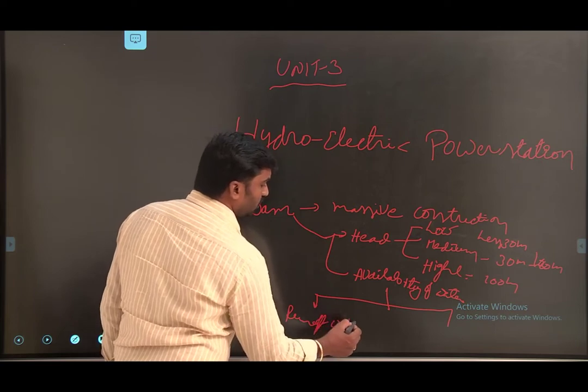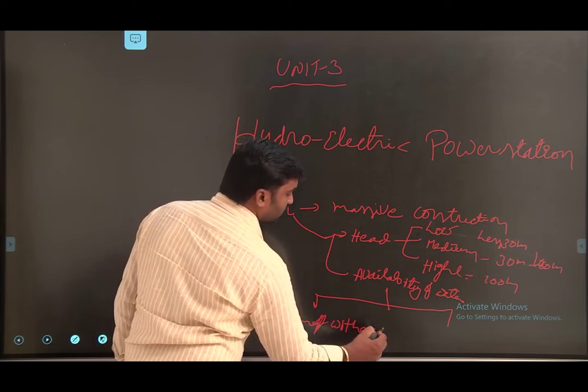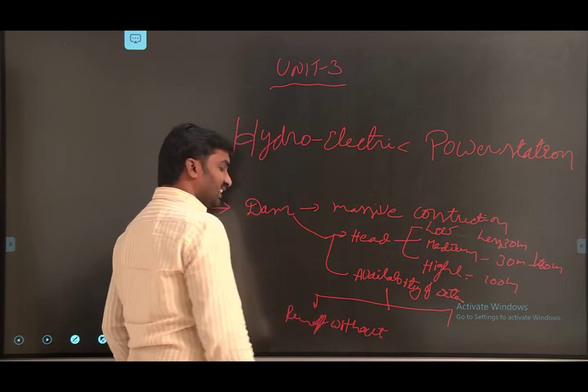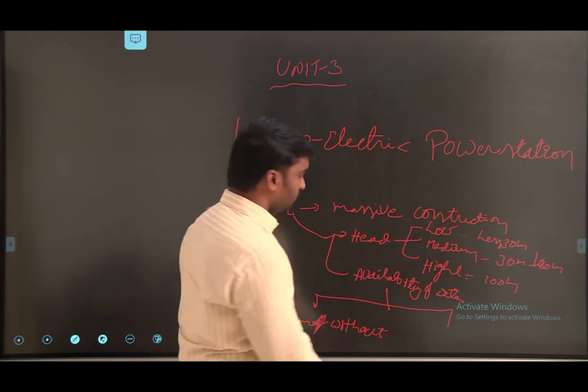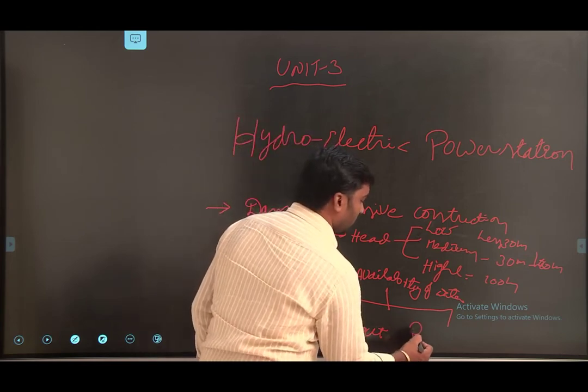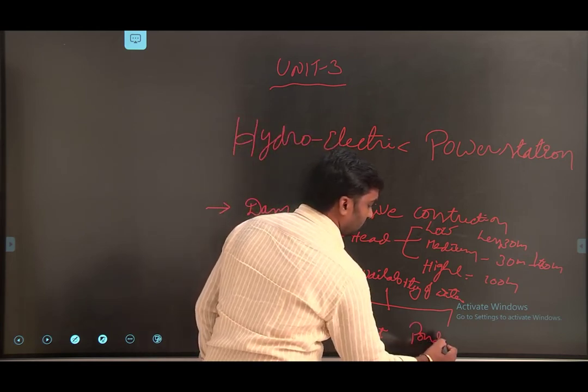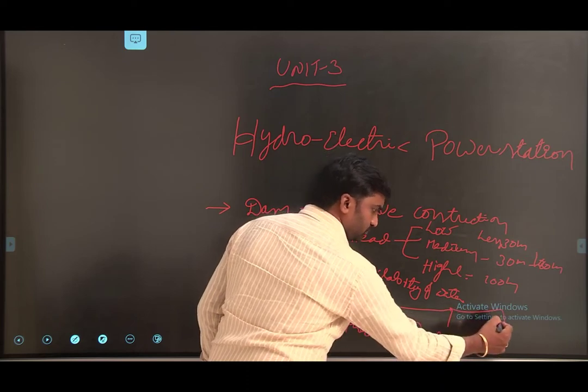Without the pondage system we can run the power plant. The second one is run-of-river with a pondage system. With the pondage technique also we can generate electricity.